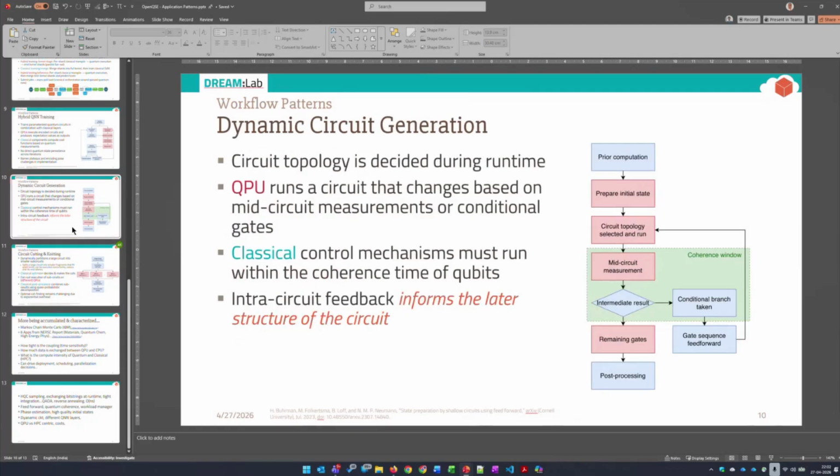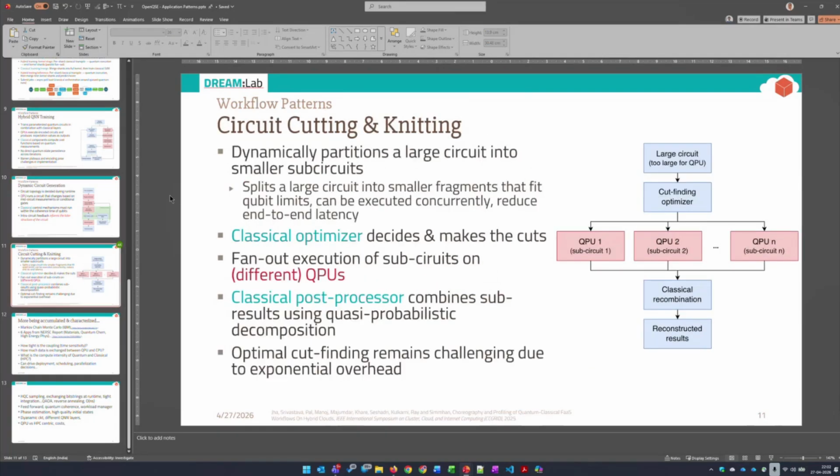Yeah, sure. So over here, with this variant of dynamic circuit, there's an inherent requirement of the application itself that you measure and change the circuit in order to get to a solution. So it's less from an optimization perspective and more from an inherent application characteristic. But that being said, circuit cutting and knitting is more of an optimization that you use. Here again, you are generating dynamic circuits, except that these are split sub-circuits.